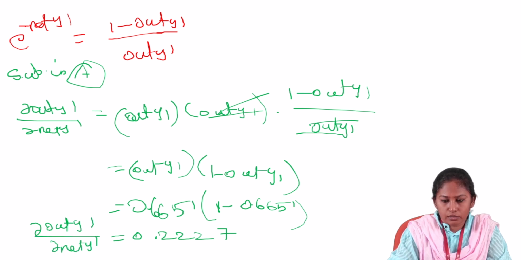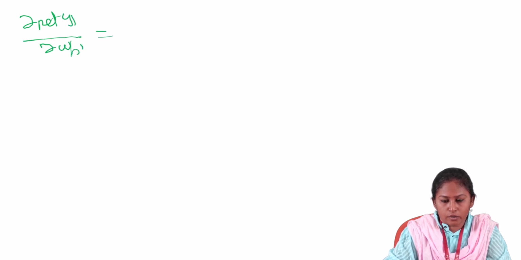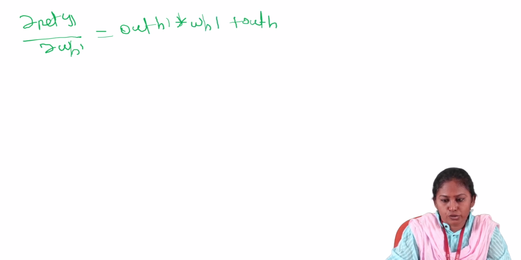So what about the third part? It is nothing but dou net y1 divided by dou wh1, right? To calculate net y1, what formula did we use? Out h1 star wh1 plus out h2 star wh2, right?